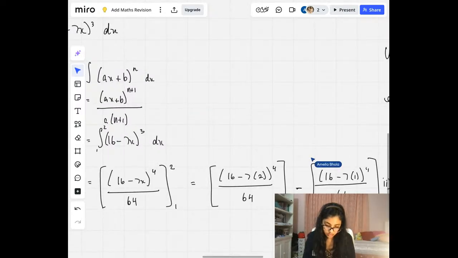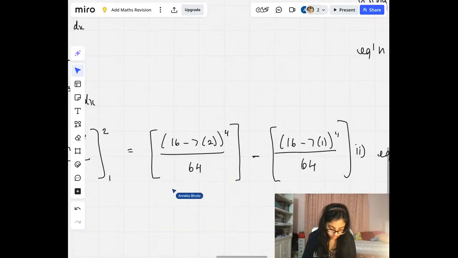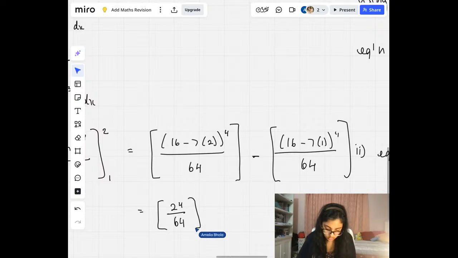Okay. So we can plug all of this into our calculator. So this is 16 minus 7 by 2. 2 to the 4 over 64. Now I have 9 to the power 4.